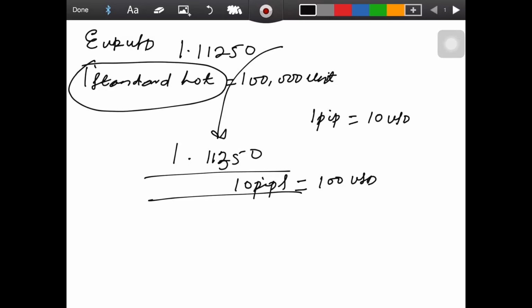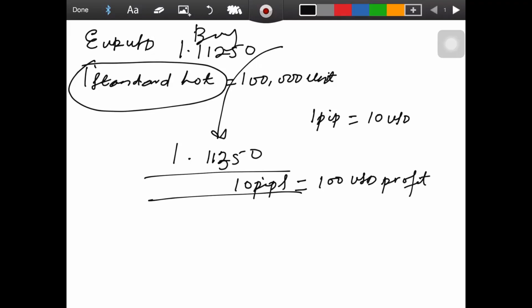So if I place a trade and I buy euro dollar from 1.1250 and the price goes up to 1.1350, I have made 10 pips in profit. Each of those 10 pips is $10, and so 10 pips is $100 profit.